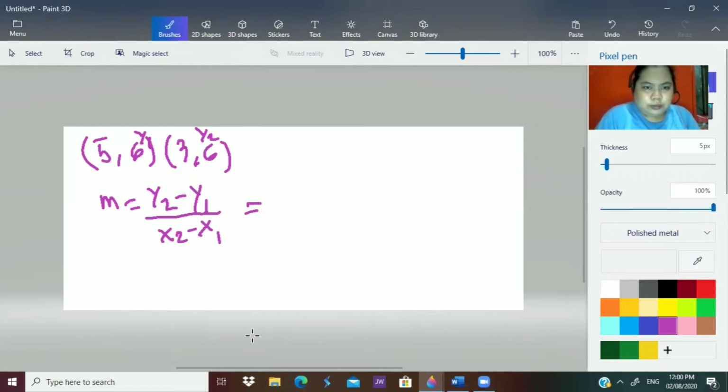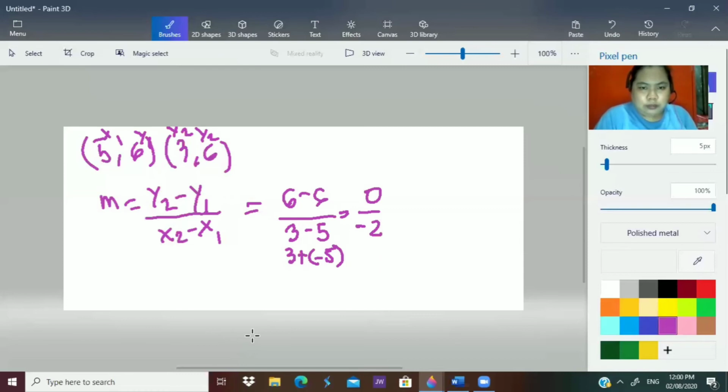So you have 6 minus 6 over, ito 3, 6, x sub 2 and x sub 1. So this would be 3 minus 5. So 6 minus 6, this would be 0 over 3 minus 5 is negative 2. Or 3 plus negative 5. So that's negative 2. Now, if we're going to plot, let us see, bakit siya 0?